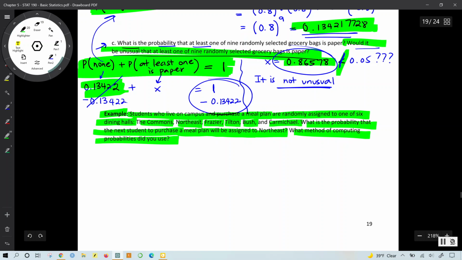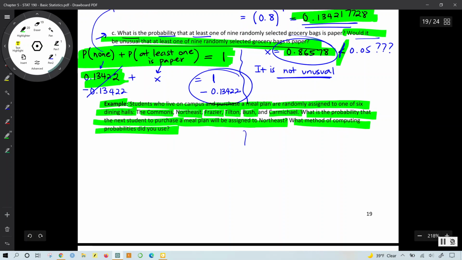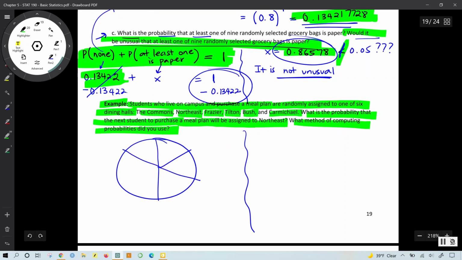In computing this probability, what I would note is that this is almost similar to having an orange split into 6 equally sized pieces, and I have all possibilities. You have the Commons, you have Northeast, you have Fraser, you have Tilton, you have Bush, and we have Carmichael.